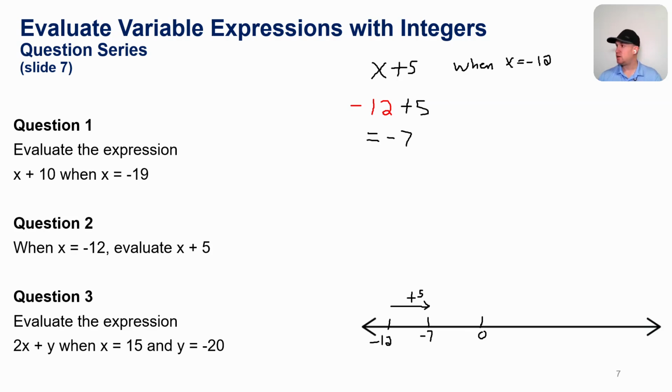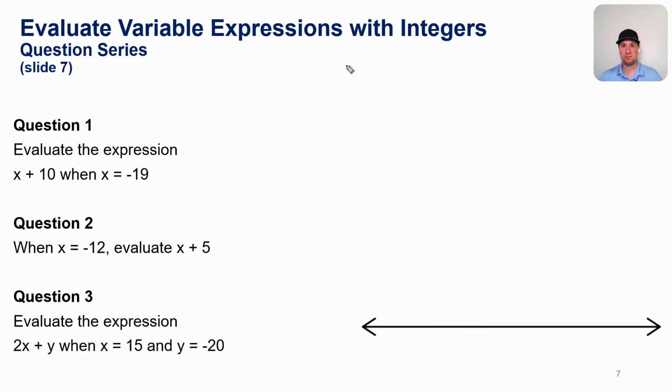Question number 3 then, evaluate the expression 2x plus y when x equals 15 and when y equals -20. So I'm going to now replace the x equals 15. I'm going to substitute the 15 into the x variable.